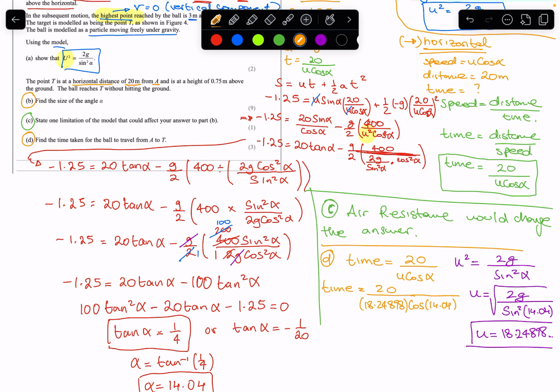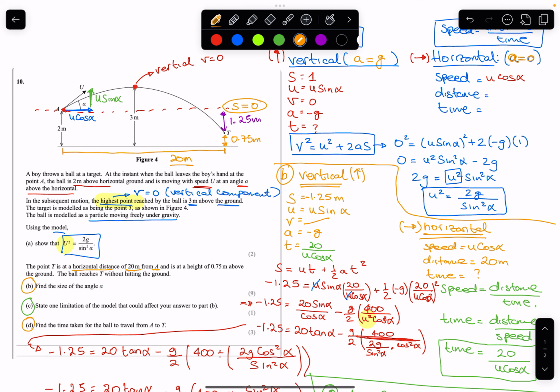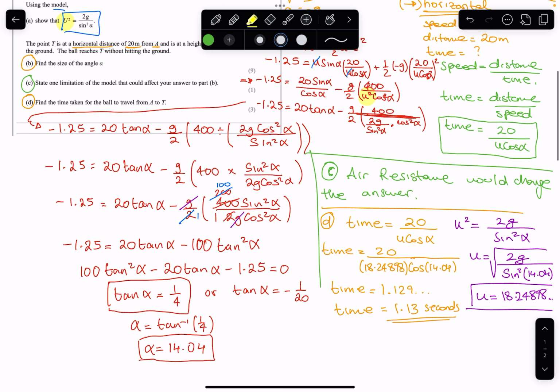If I put this in a calculator, it gives me a time of 1.129 dot dot dot, and therefore I can round my time to 2 decimal places as 1.13 seconds. And that is the time it takes for the object to travel from point A all the way to point T. So that distance takes 1.13 seconds.